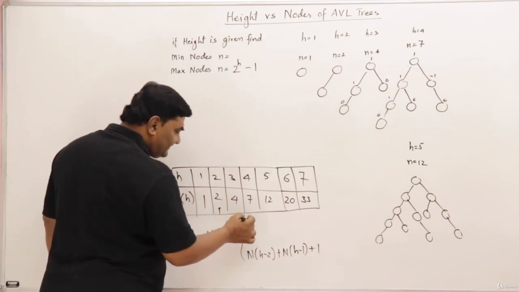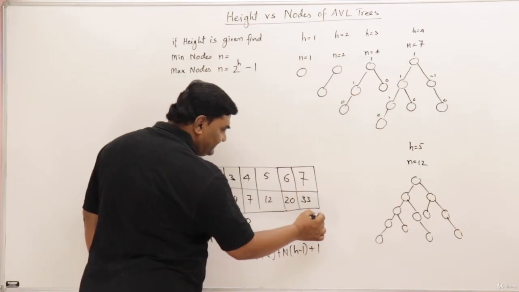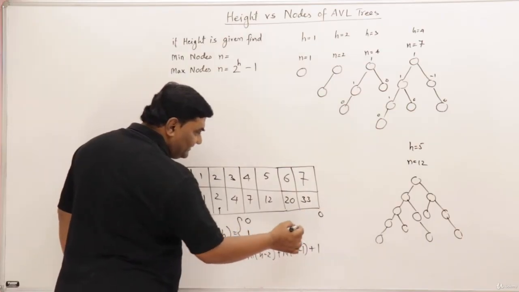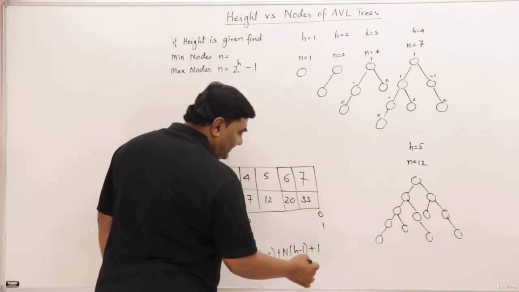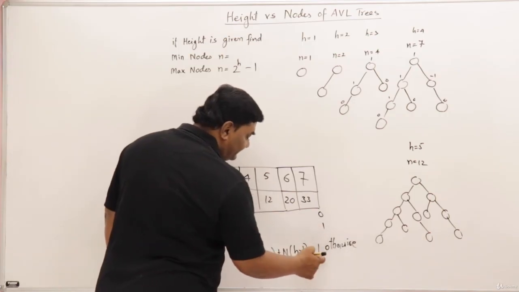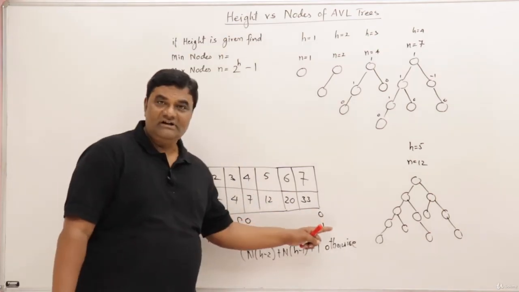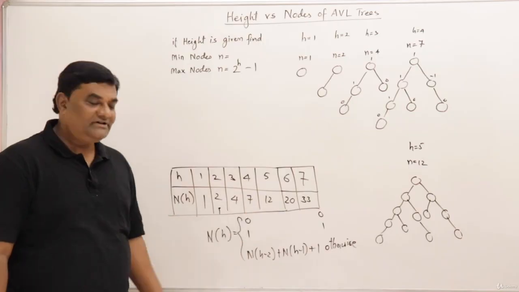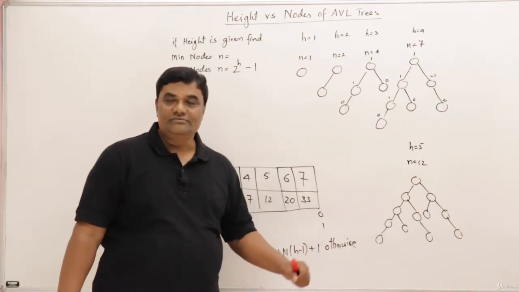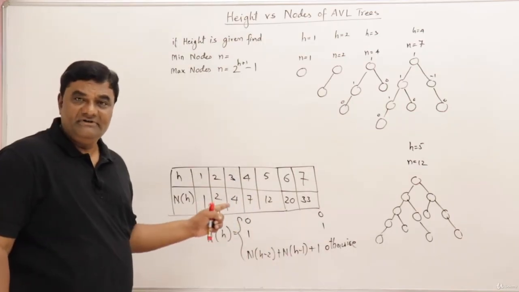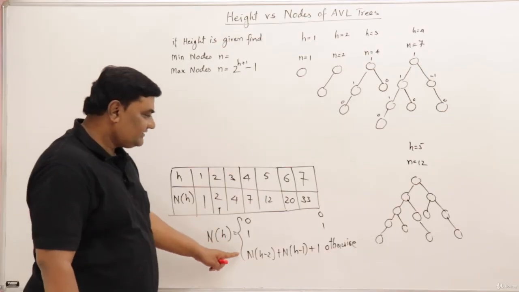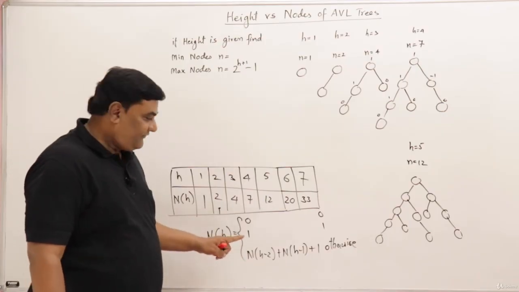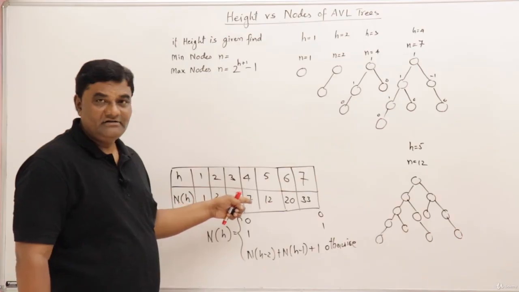So when height is 0, answer is 0. When height is 1, then the answer is 1, right? Otherwise, this is the formula used. So this is the formula for minimum, and this is the table.